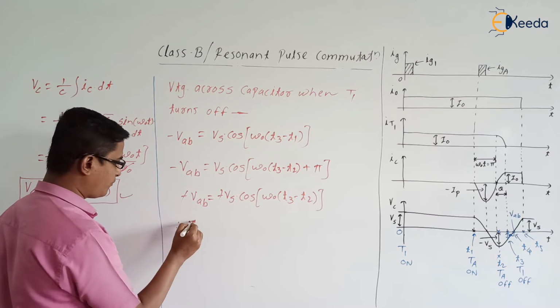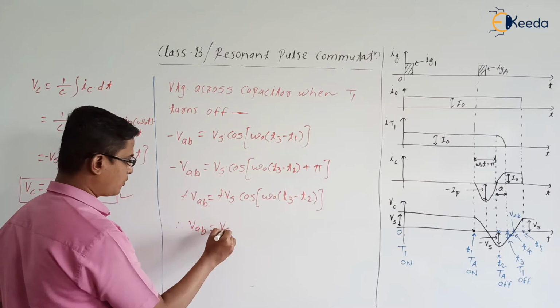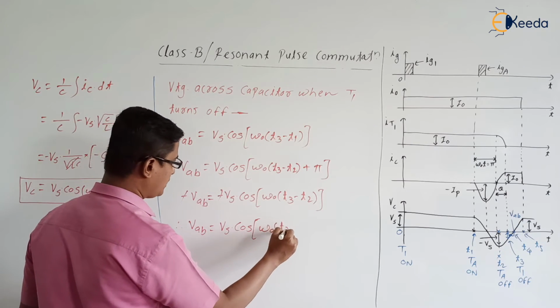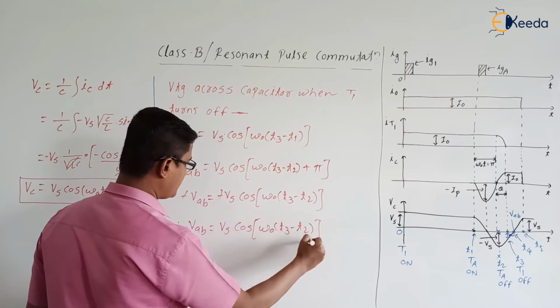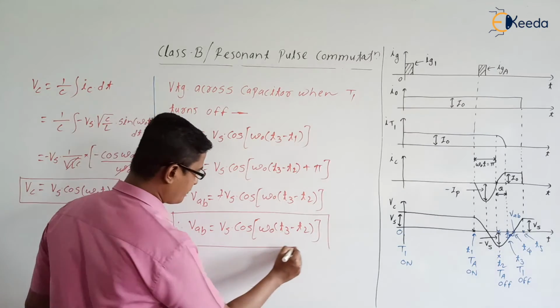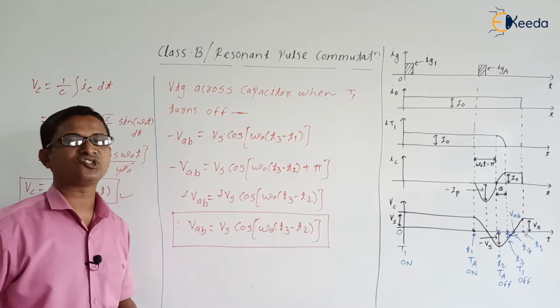Therefore VAB equals Vs cos(omega 0 (t3 minus t2)). This is the expression for the voltage across the capacitor when thyristor T1 turns off.